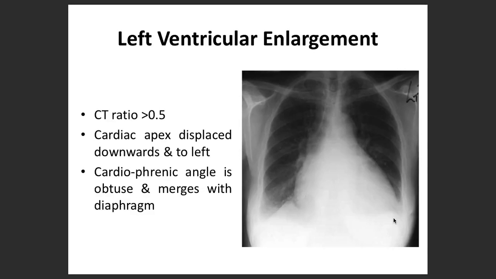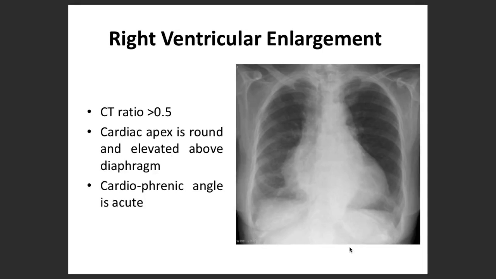So what is the difference for left ventricular enlargement? Similarly, the CT ratio is of course increased. The cardiac apex is displaced downwards and to the left as well. And the cardiophrenic angle is obtuse, and in fact it tends to merge with the diaphragm itself. Did you notice the difference?